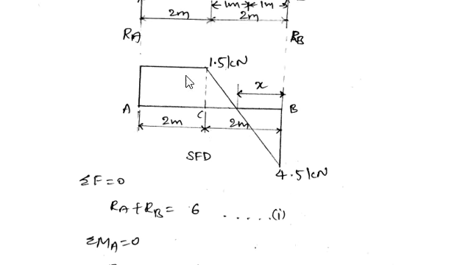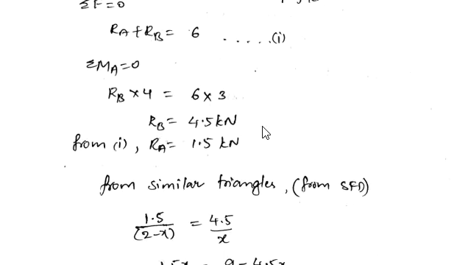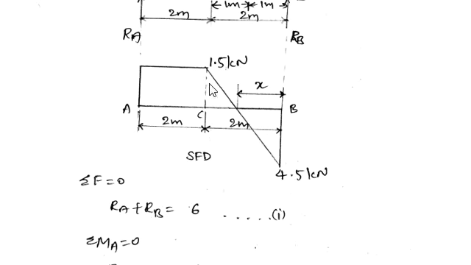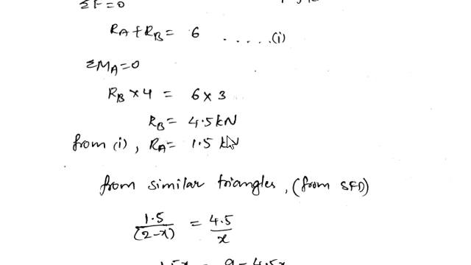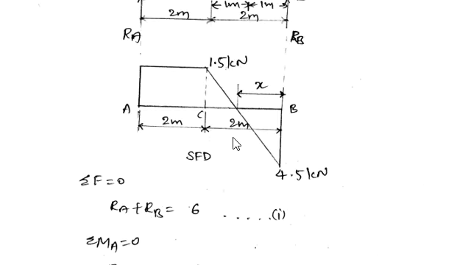If you observe this diagram, these two are similar triangles, so from the similar triangles you can write: this side is 1.5, and this side, from here to here, is 2, so this side will become 2 minus x.